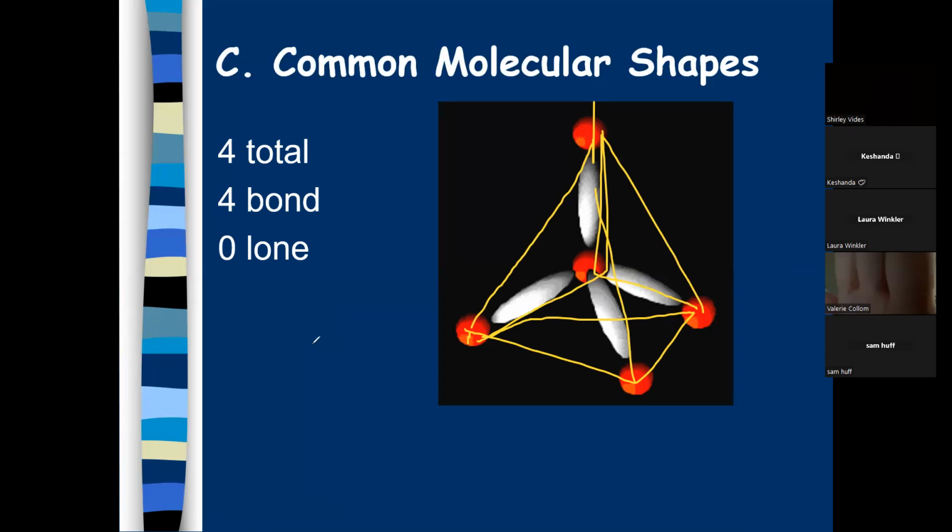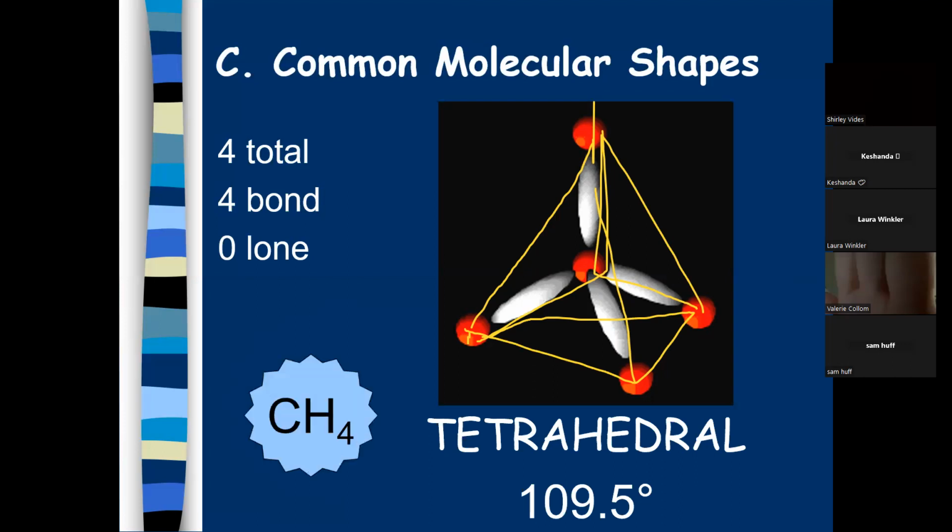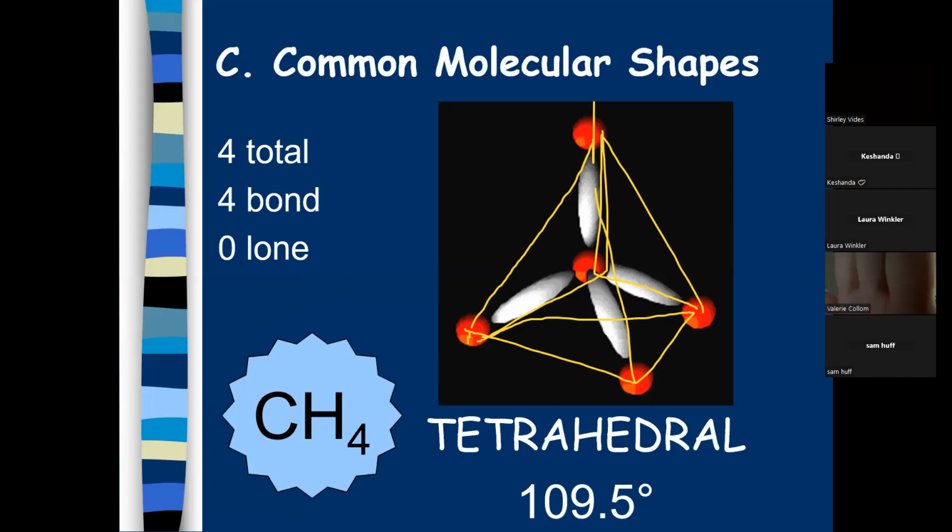All right, so in this case, the shape, like I said, is tetrahedral, right? And the angle is 109.5. And that is what it takes to separate themselves as much as possible. And an example of it is CH4.